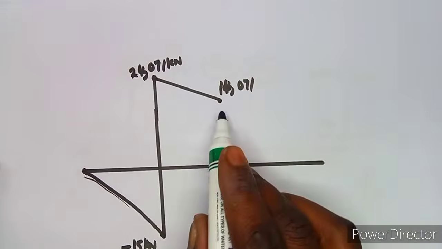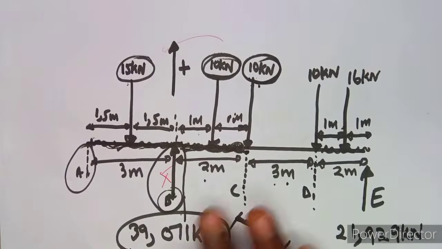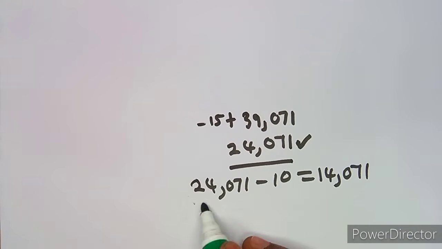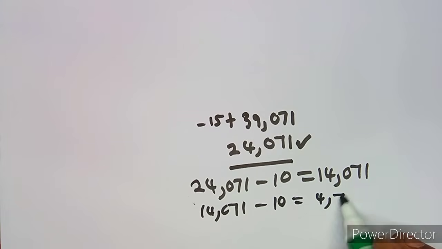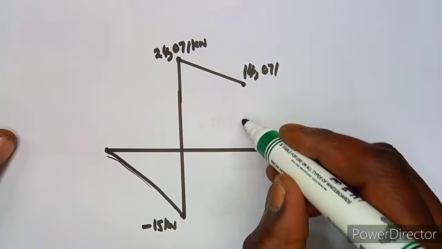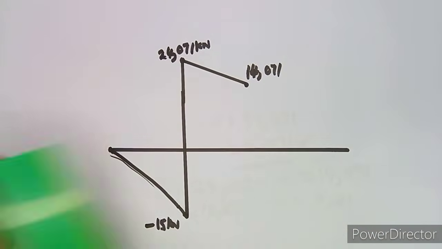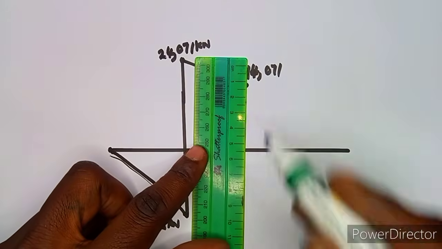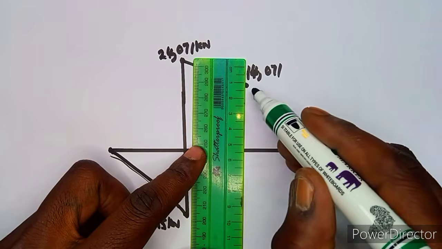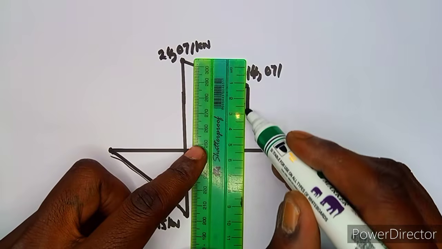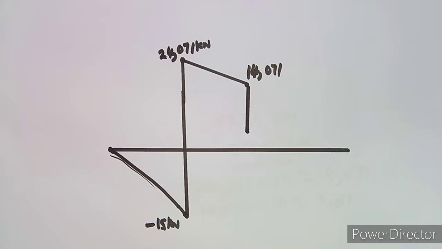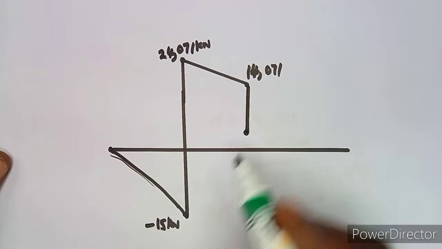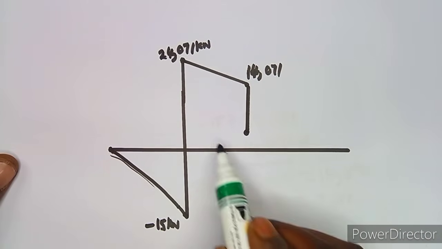All right, so we are now at 14.071. We subtract 10, 14.071 minus 10, which is going to be 4.071. So this one is going downwards until 4.071. Let's just assume somewhere here is where our 4.071 is.